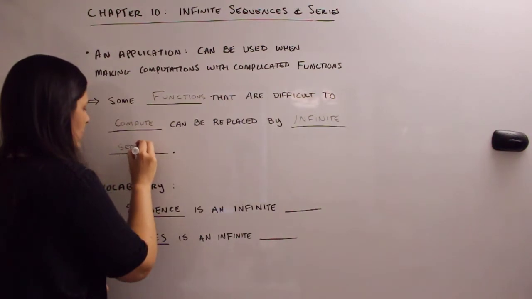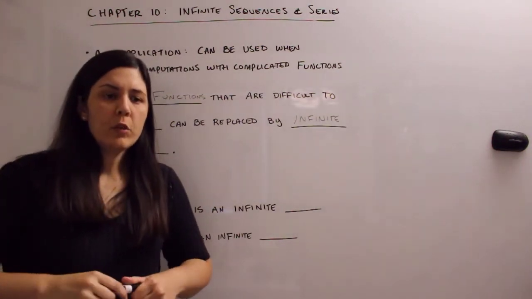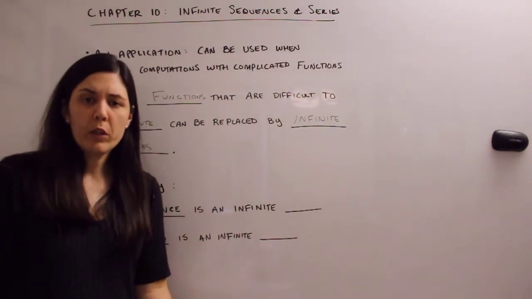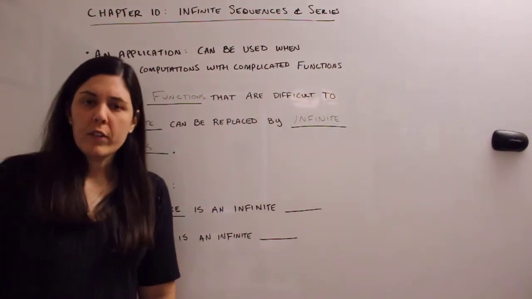And so that's one of the reasons why we're going to be studying these sequences and series, because you can use them to replace a more complicated function that's harder to work with and compute with. You can compute with the easier version, the infinite series.